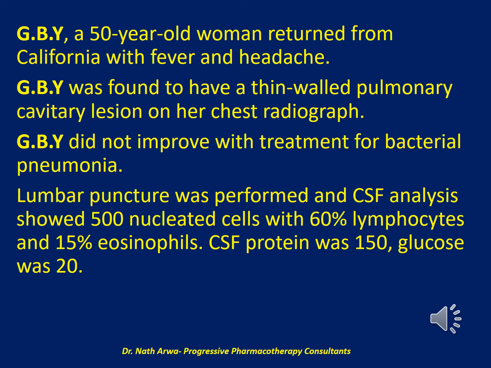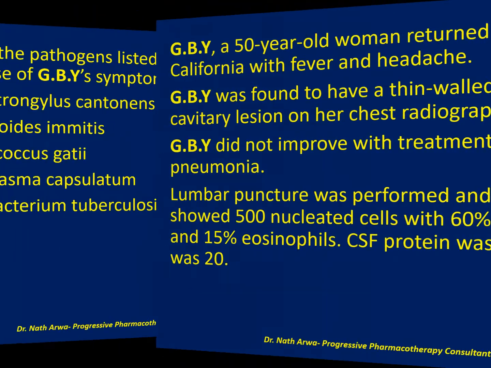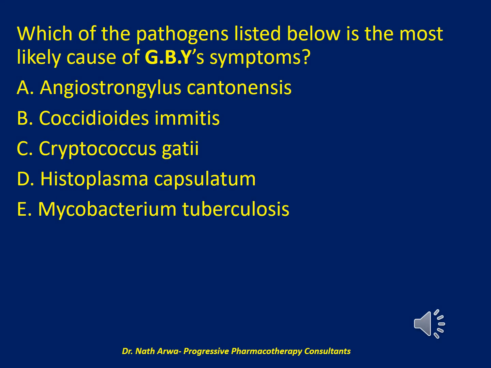Lumbar puncture was performed and CSF analysis showed 500 nucleated cells with 60% lymphocytes and 15% eosinophils. CSF protein was 150, and glucose was 20. So my question to you is, which of the pathogens listed below is the most likely cause of GBY's symptoms?